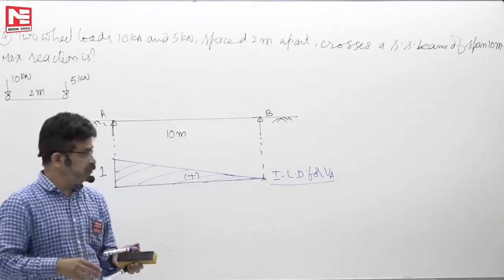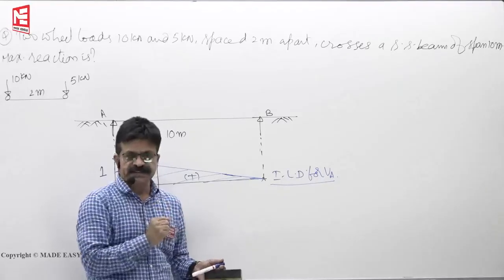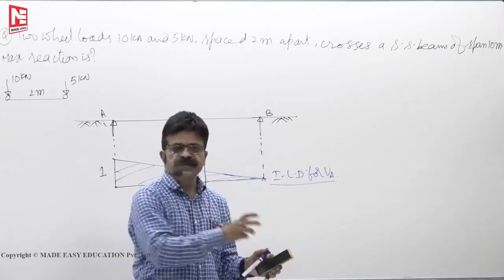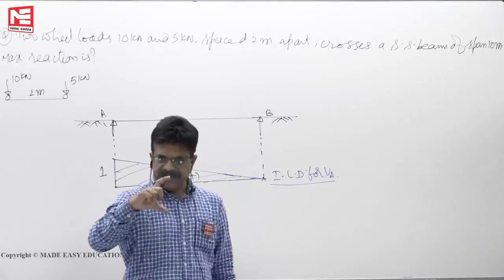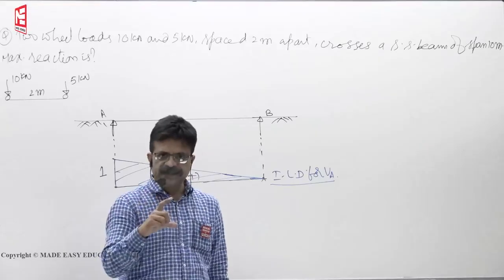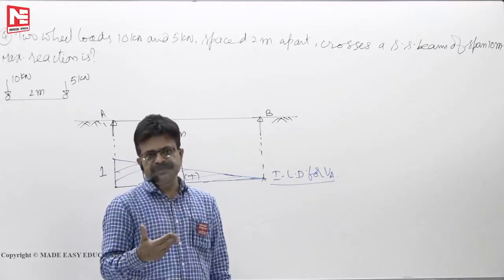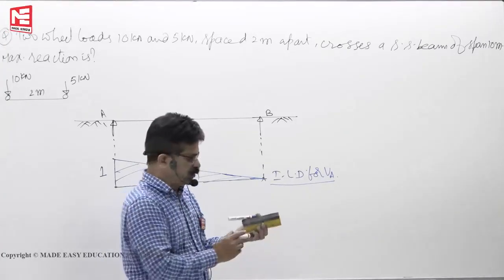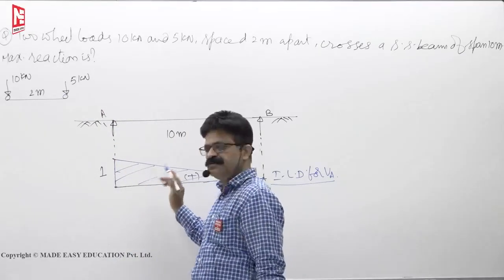If you want to find maximum reaction, first you have to draw ILD for that reaction. That ILD will tell you where you have to keep the loads to get the maximum reaction. Always at the maximum coefficient level, keep the maximum load also. Maximum load into maximum ordinate, you will get naturally maximum. So like that you have to manage. Greater load, greater ordinate, lesser load on the span.